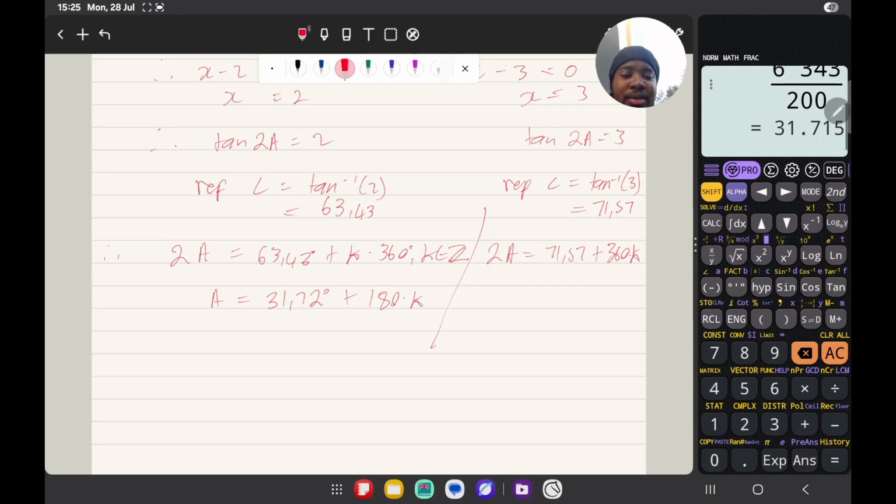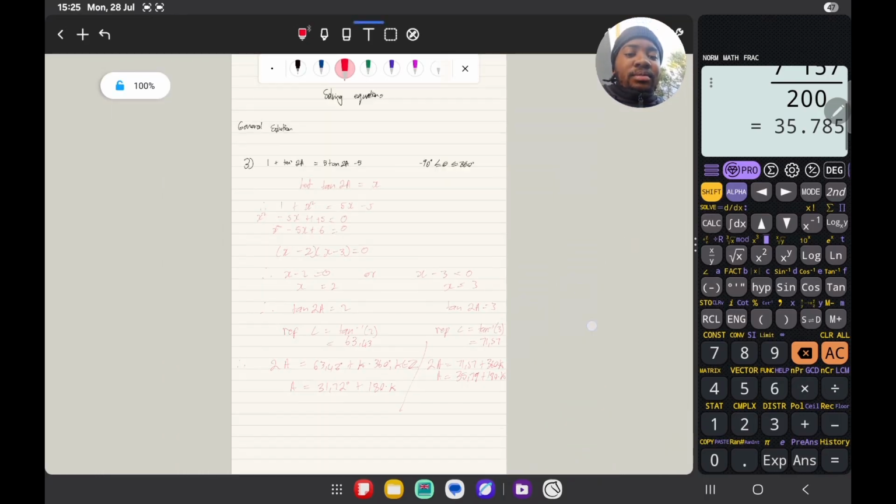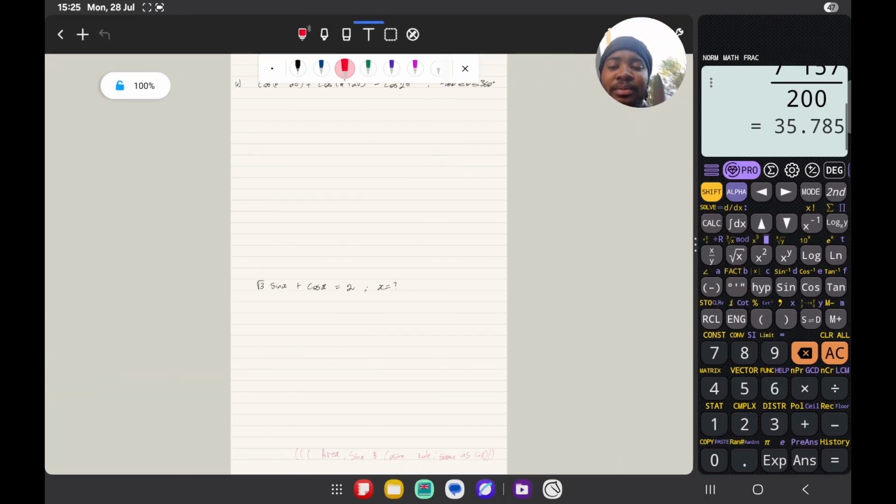Don't forget k is an element of real numbers. And therefore a will be 35.79 plus 180k. Sure thing.